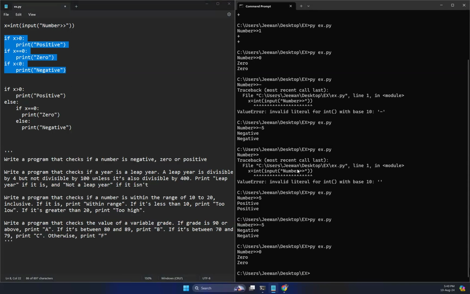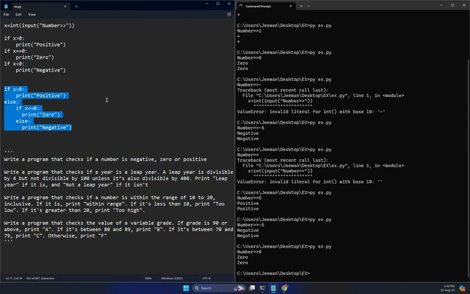Three. Yes, no matter, even if it is a positive answer, even this is true, this will get evaluated. This also gets evaluated. Therefore, even if it is a 0, this will be checked, this will be checked, this will be checked. No matter what you enter, 3 times this gets evaluated.